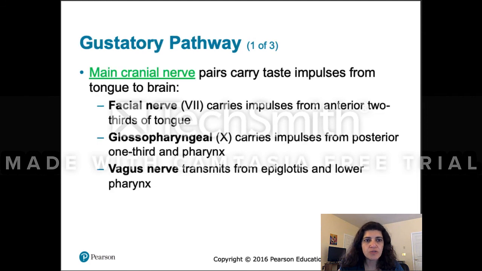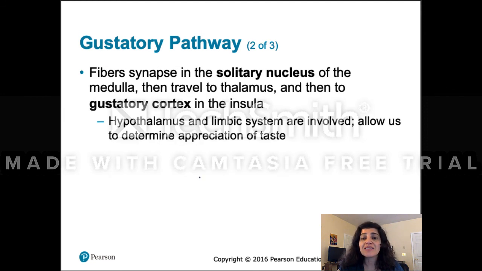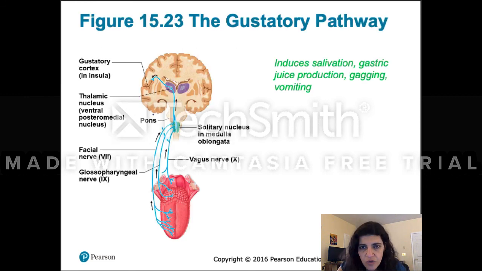So the gustatory pathway: glossopharyngeal, vagus nerve, and facial nerve. Sorry, I said hypoglossal, but it's actually glossopharyngeal. Hypoglossal is more for tongue movement. And remember that the gustatory cortex is in the insula, the part inside. If you open your temporal lobe, your temporal cortex, if you remove that, then you could see the insula, where the gustatory cortex is, which is right here, okay?